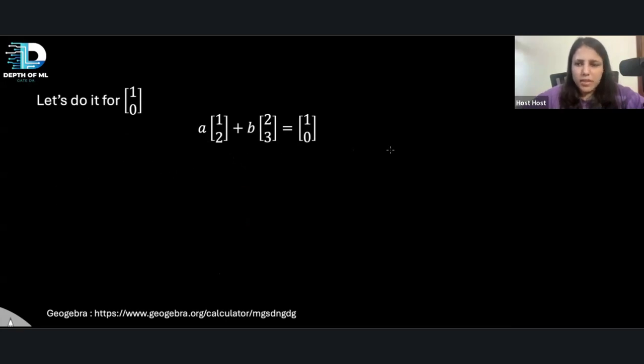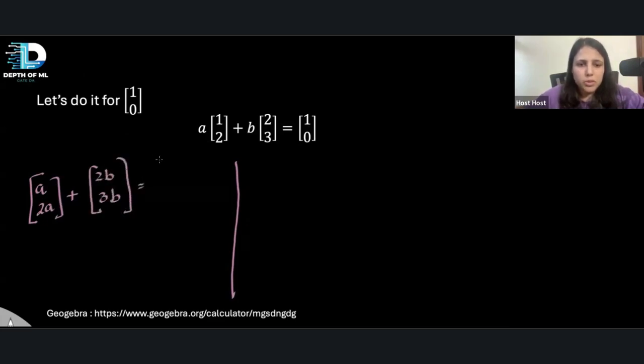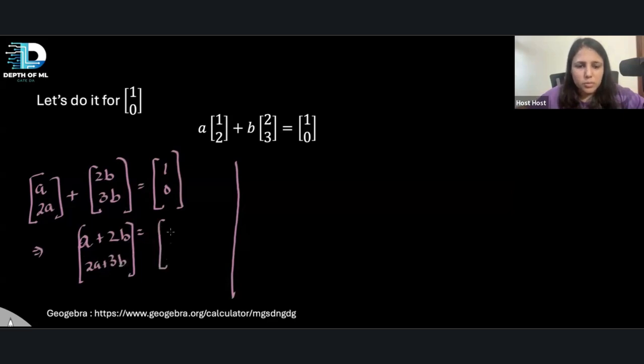Fine. So this is a very standard way of doing it, which Varshita was also talking about, that we will take the linear combination of this. So I will take a of (1, 2) plus b of (2, 3) equals (1, 0). Let me write it as a plus 2b equals 1, and 2a plus 3b equals 0.